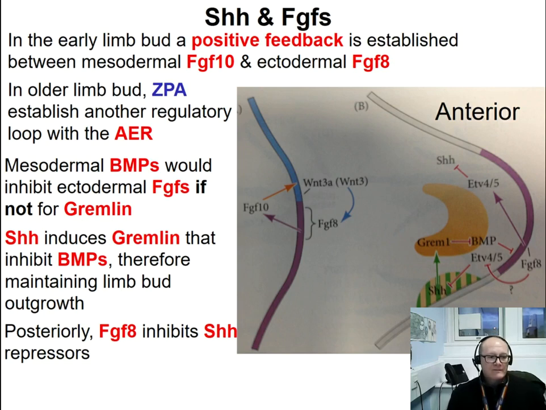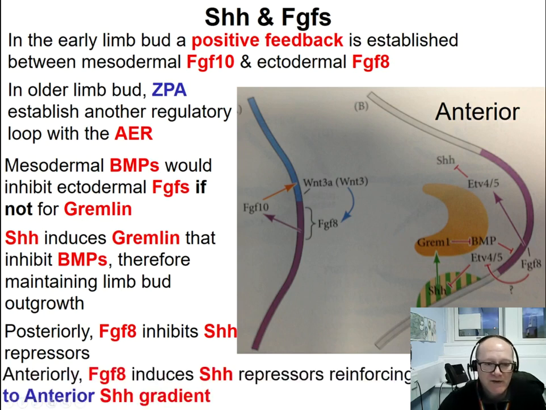On the other hand, in the posterior region, FGF8 inhibits the activity of SHH inhibitors. So there are genes and proteins that will inhibit the expression of SHH, but in the posterior region, FGF8 inhibits them.